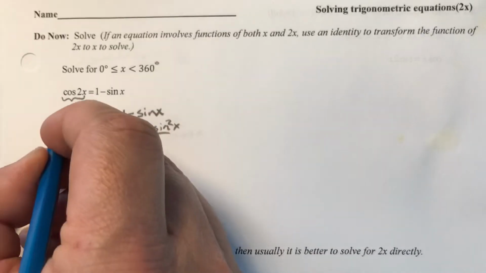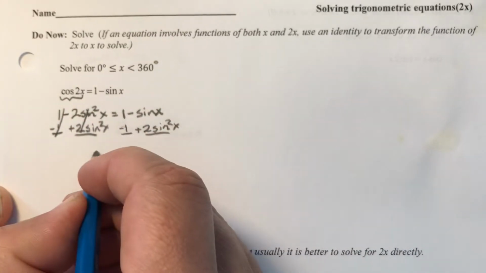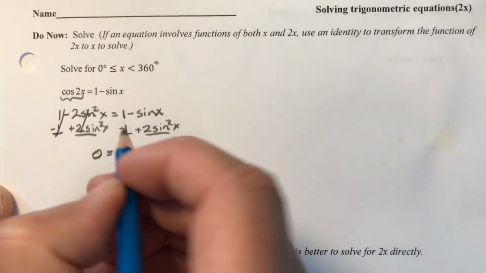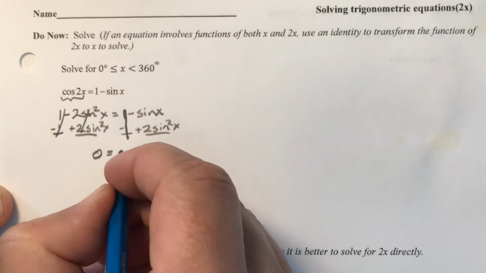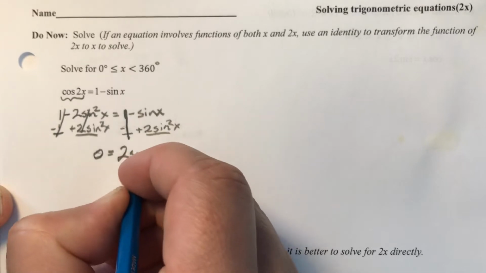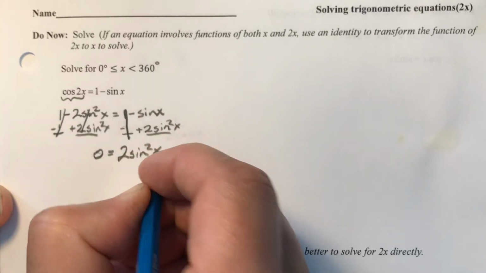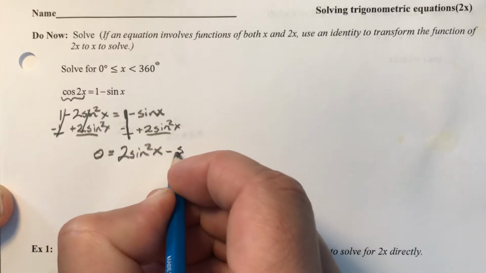Alright, so that means you'll have this thing equal to 0. And they cancel. So I'm going to write the 2 sine squared first. Seems more natural. Minus sine x.